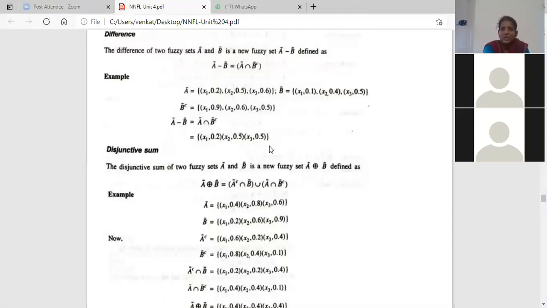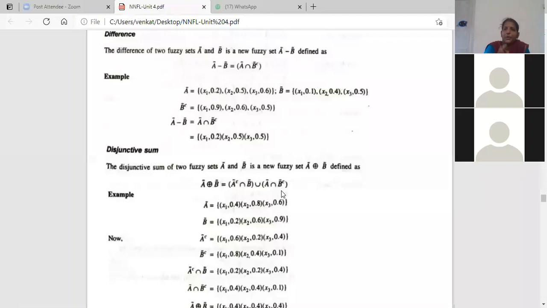Next, disjunctive sum. The disjunctive sum of two fuzzy sets is a new fuzzy set defined by, here, this symbol you are using for disjunctive sum: A complement intersection B union A intersection B complement.